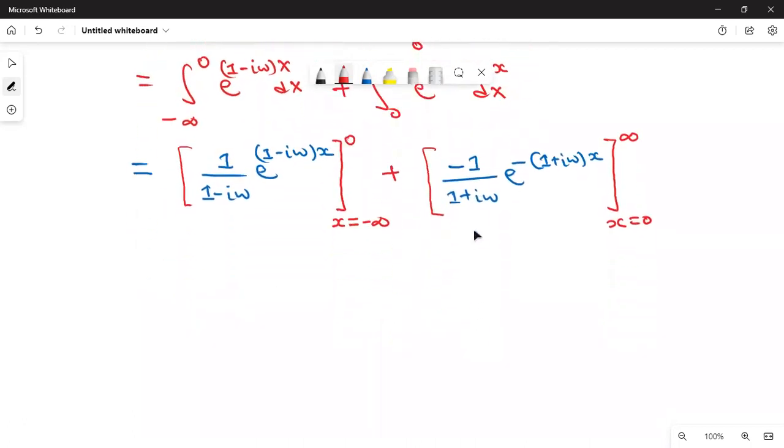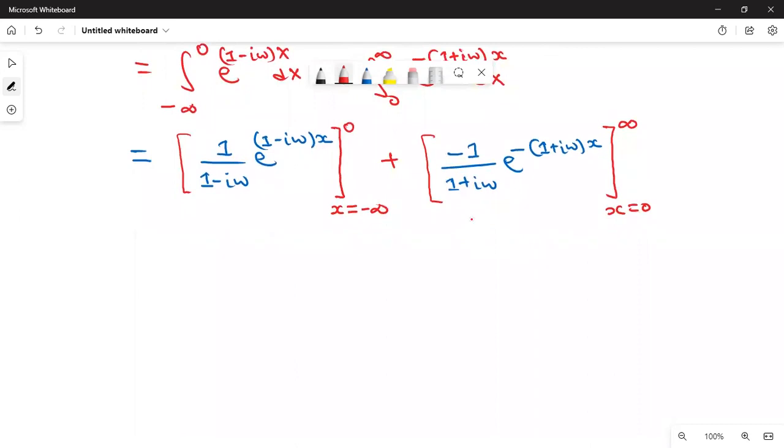So let's plug in the limits of integration so that in the first one, we'll have 1 over 1 minus iω. When I substitute 0 where there is x, I'm going to get exponential 0, which is 1, minus, when you substitute in negative infinity where there is x, you get exponential negative infinity.